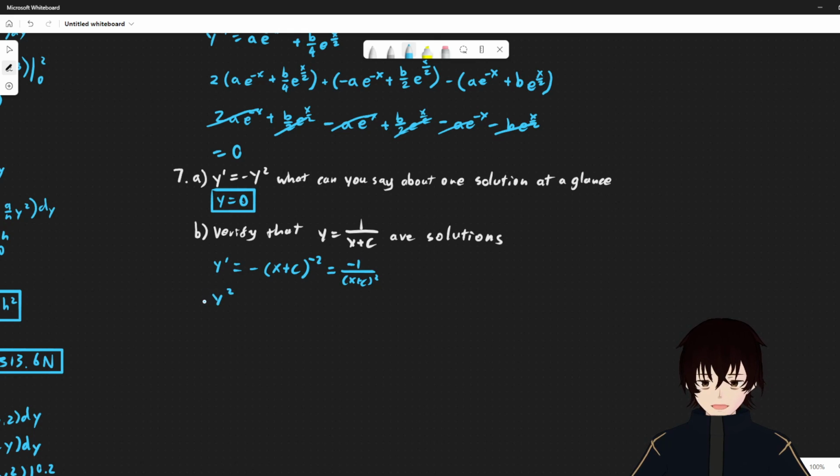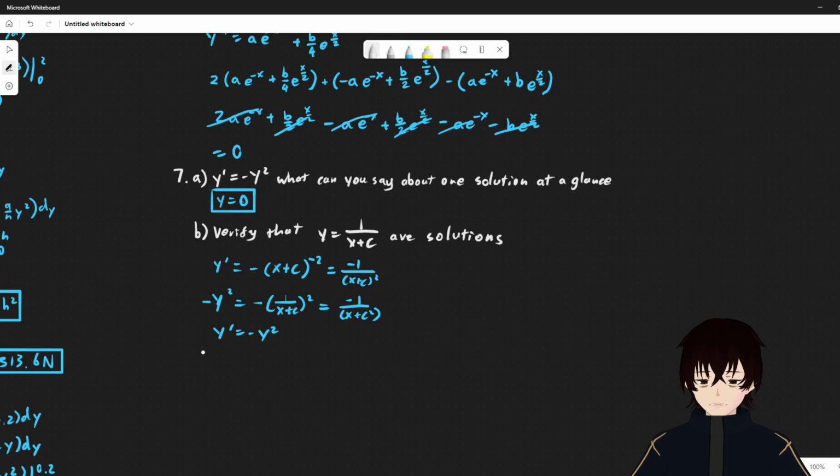Negative y squared is equal to negative 1 over x plus c squared, which is equal to negative 1 over x plus c squared. So y prime equals negative y squared.